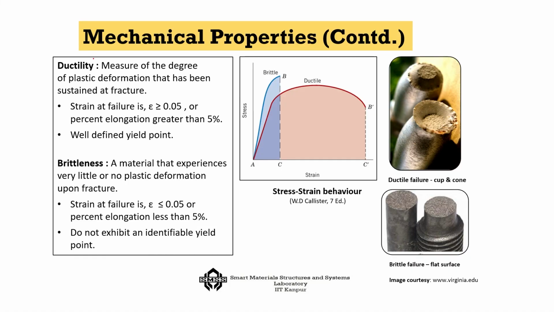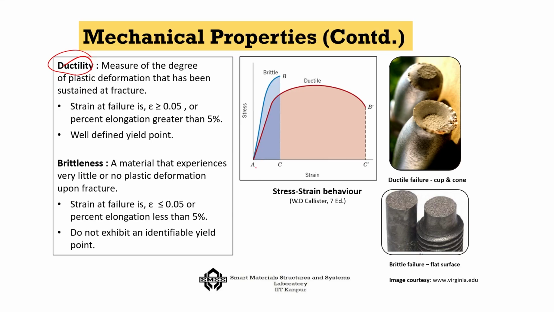For example, the ductility, that means a measure of the degree of plastic deformation that has been sustained before the fracture occurs. Okay. So, that is a measure of how much you can really deform a material. See, many times we actually use these for drawing wires, for example. Okay. So, how much it can do before the wire actually breaks. So, ductility is a measure of this kind of thing.